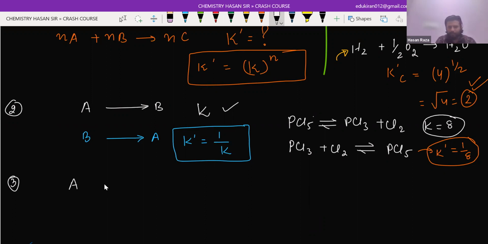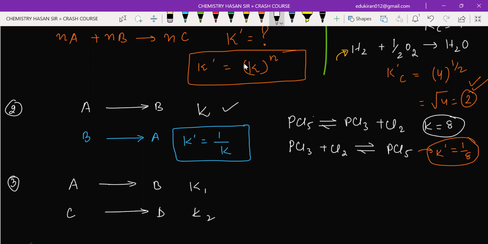If you have a reaction A that is giving you B, which has an equilibrium constant K1, and there is a reaction C that gives you D. Just wait a minute, please. 8 minutes.